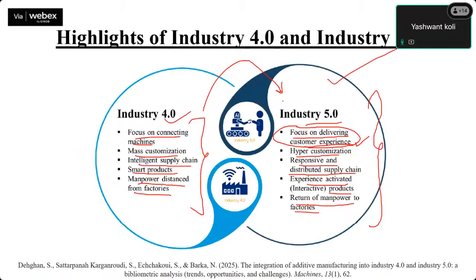3D printing, like VAM, which we are using, has transformed industries. We all know that Industry 5.0 emerges as the response, emphasizing human-machine collaboration. Human-machine collaboration means that nowadays industries are having cobots also, collaborative robots.